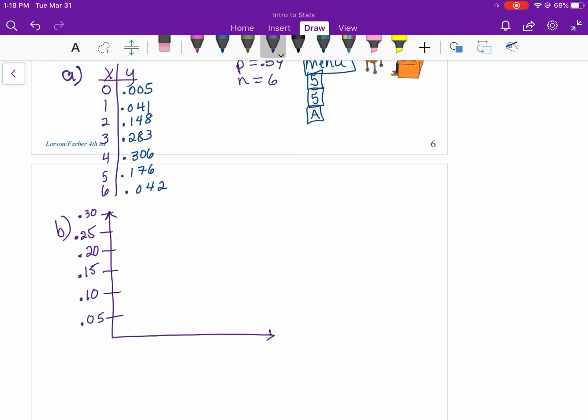Okay, I'm sorry if my graph comes out to be a little bit sloppy. I'm going to do my best here to keep all my bars the same width. So this one's going to be for 0. And you guys probably have rulers. Ha! Yeah, right. Anyway, maybe you at least have your graph paper notebook.